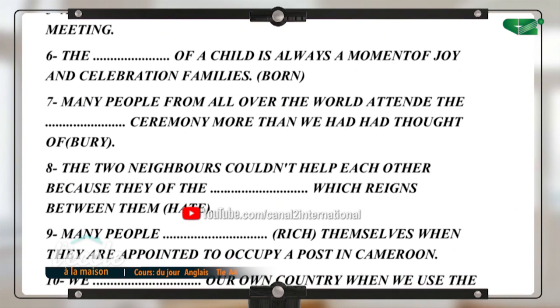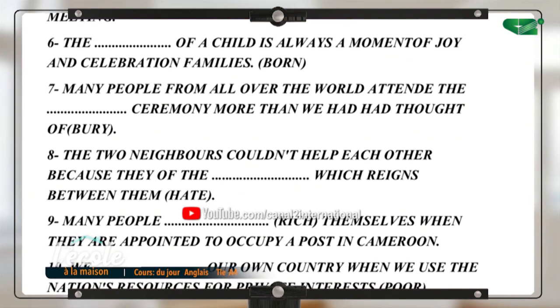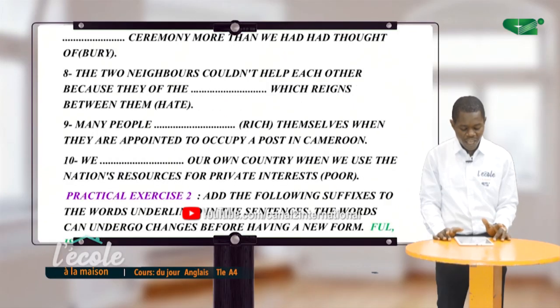Number 8. The two neighbors couldn't help each other because they (of) the (hate) which reigned between them. 9. Many people (rich) themselves when they are appointed to occupy a post in Cameroon. We want a verb because rich is an adjective.